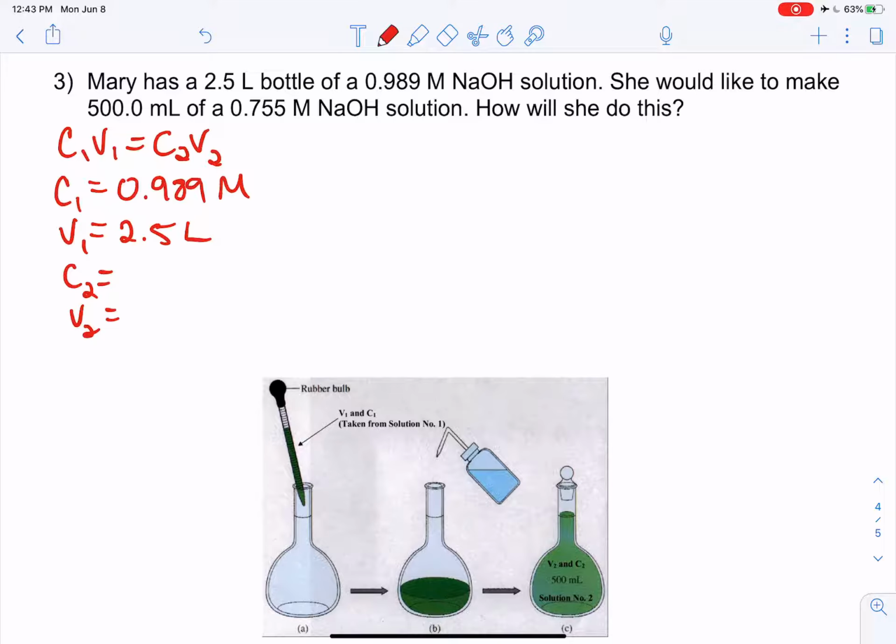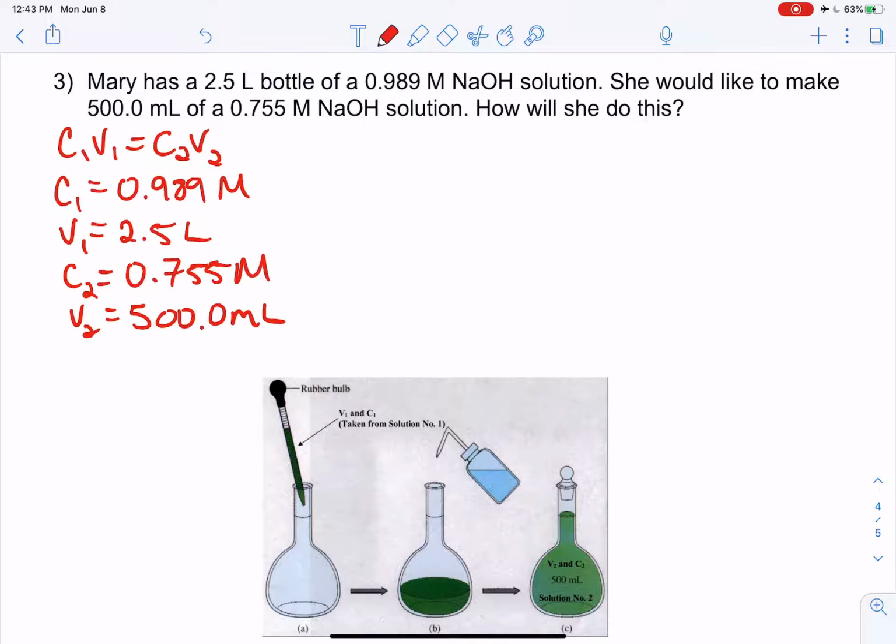And then C2, our second concentration, 0.755 molar, and we want 500 milliliters of this. And then you'd look at that and go, wait a minute, what am I solving for?